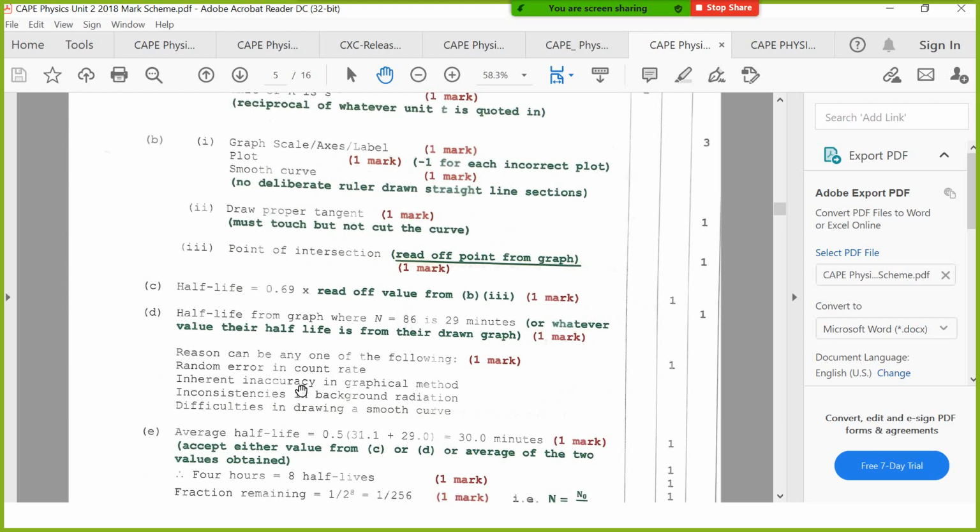Within the experiment, there will be background radiation that could interfere with the count rate of the experiment. So you could factor that in as well and say there's inconsistency in the background radiation. So that can affect your results.